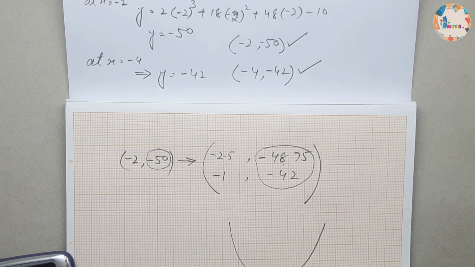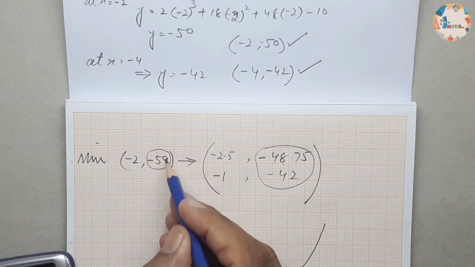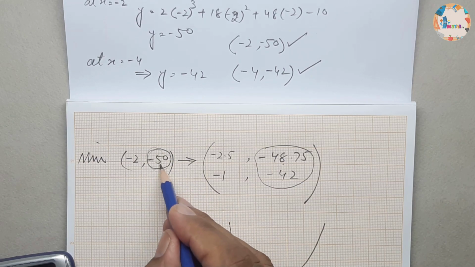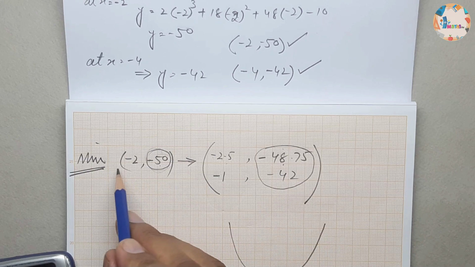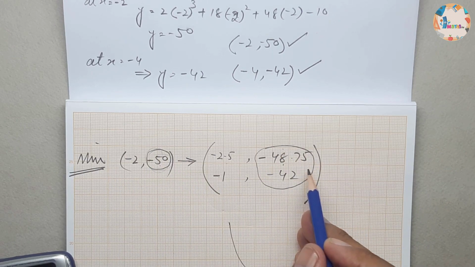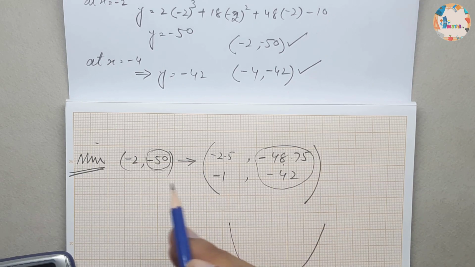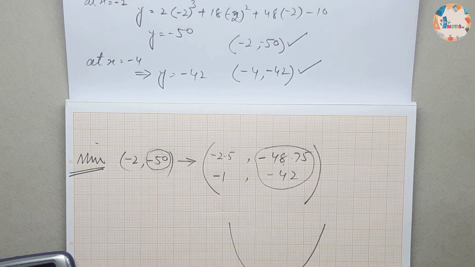So this is basically the minimum point. If this value is lesser than these 2 values, then our point will be minimum. If this value is more than these 2 values, then our point will be maximum. This is what you will have to keep in mind.